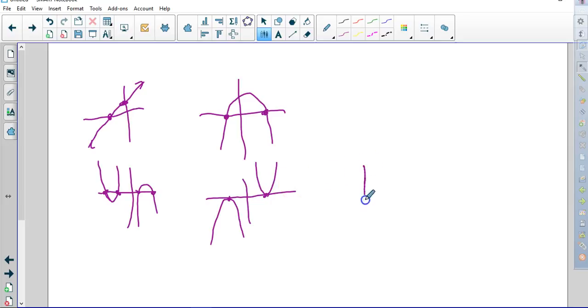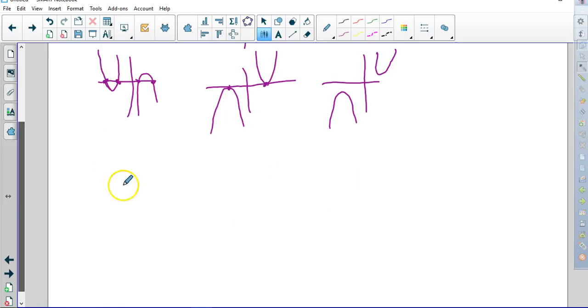And then you have the third choice, where it never actually touches the x-axis, and therefore there are no x-intercepts. Now there is a formula to find these numbers, okay?